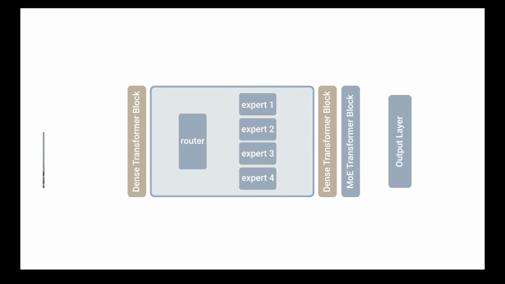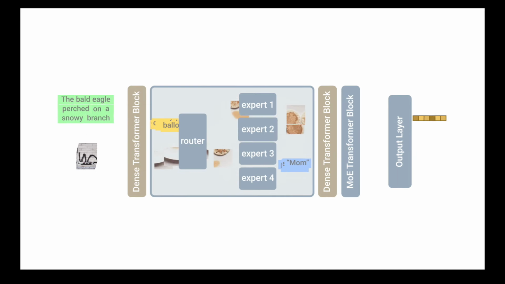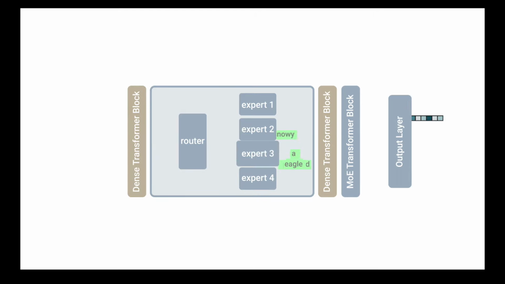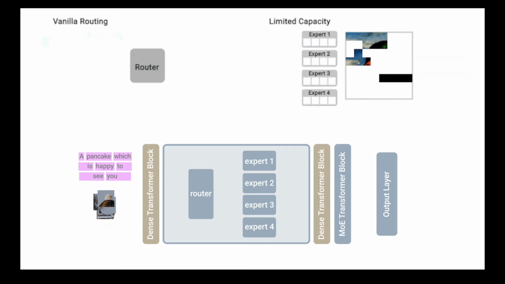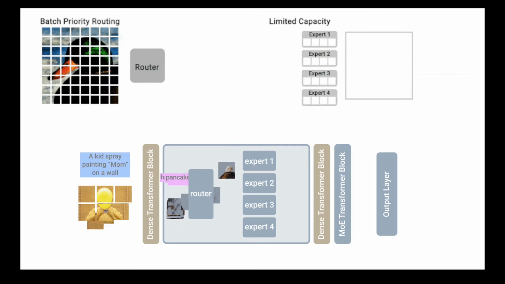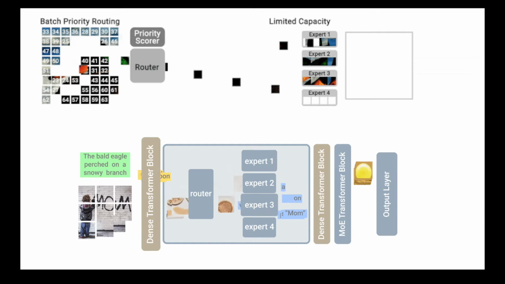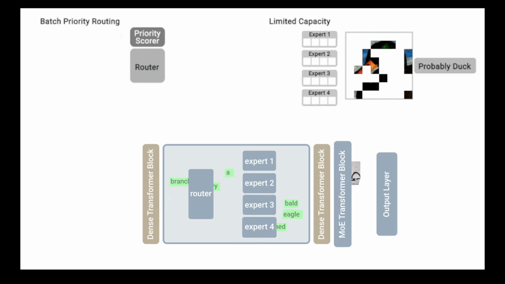Here you can see the LIMoE architecture is processing both text and images as inputs, and many experts and routers are working together to decide which particular expert is going to process what input data or input tokens, and the final output layer computes a single vector representation of the results, either for an image or for a text.